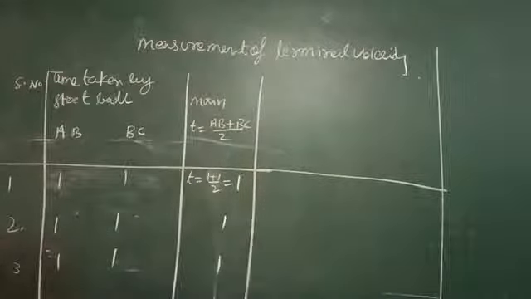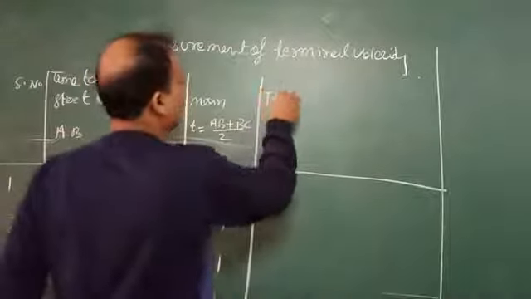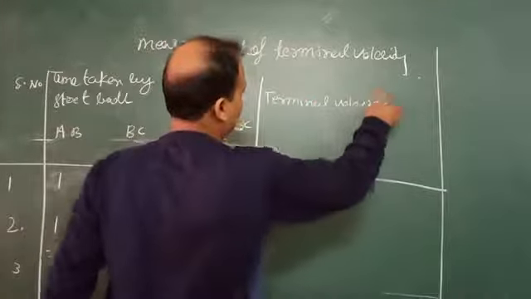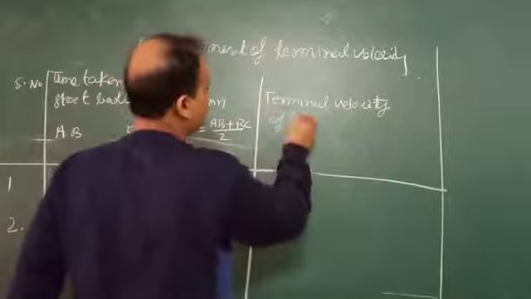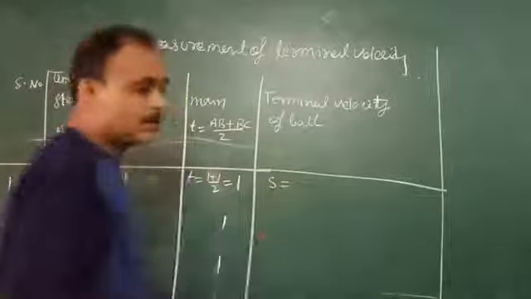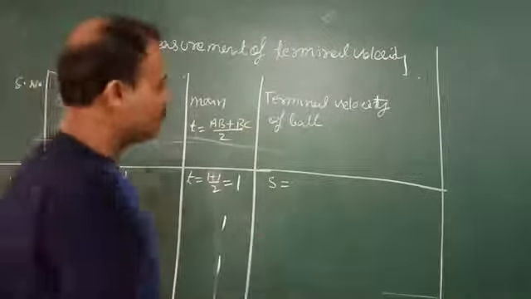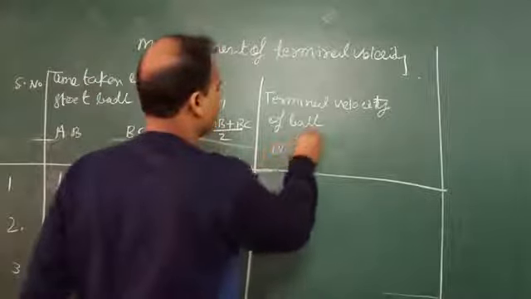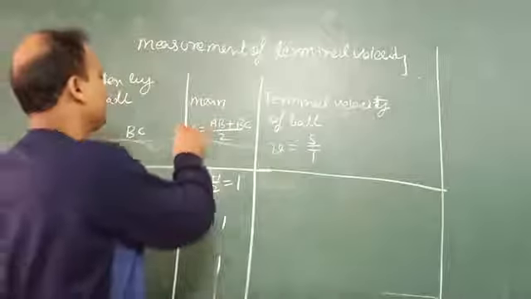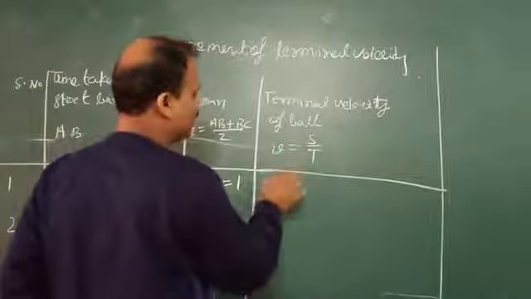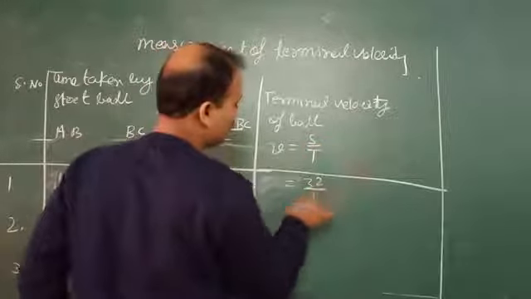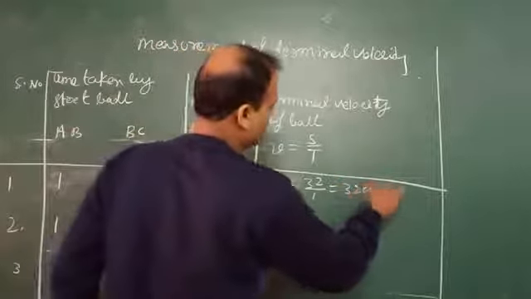Terminal velocity of the ball. Speed equals distance upon time, so v is equal to s upon t. Here s is equal to 32, so 32 upon 1 equals 32 centimeter per second.